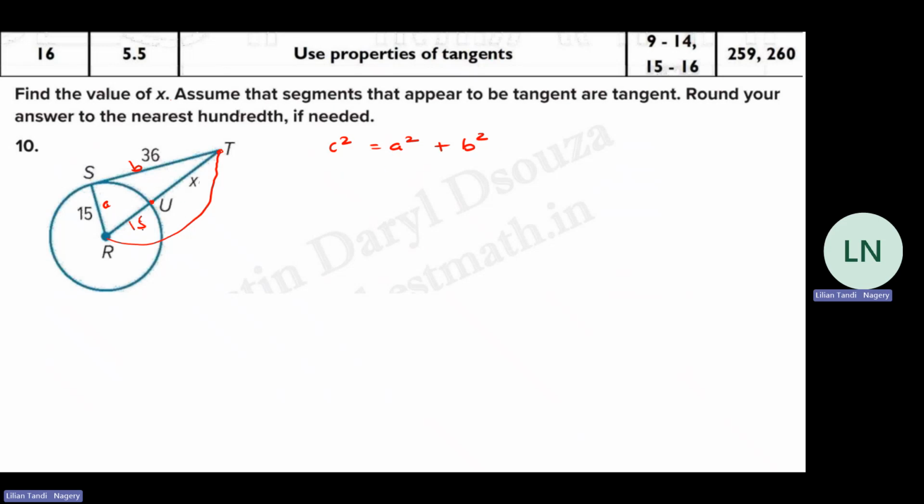Same thing. Now, C squared, which we said is RT squared, equals RS squared plus ST squared. RT is X plus 15, so X plus 15 squared equals RS squared, which is 15 squared, plus 36 squared.